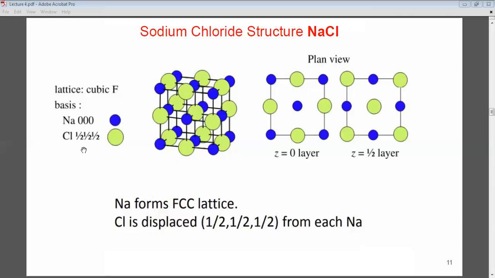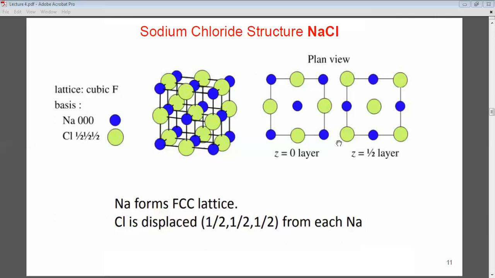Also, chlorine by itself has an FCC structure. So in addition to the sodium atoms that form an FCC lattice, there are chlorine atoms as well, and we can describe the position of the chlorine atoms by saying for every sodium atom, there is a chlorine atom displaced by half from the sodium atom. That will get you to all of the chlorine atoms. Here is a plan view. The blue atoms are sodium, the green ones are chlorine.